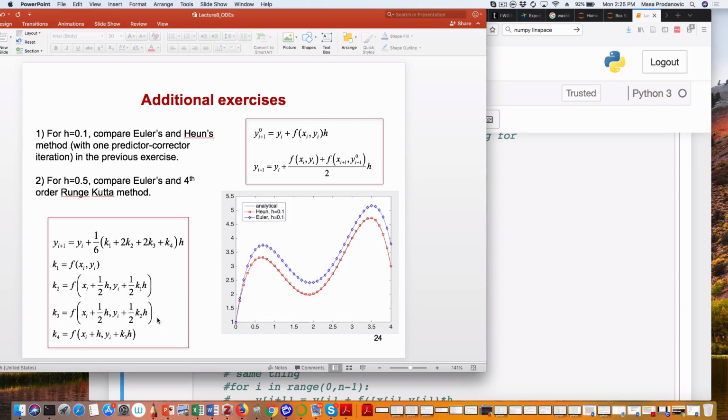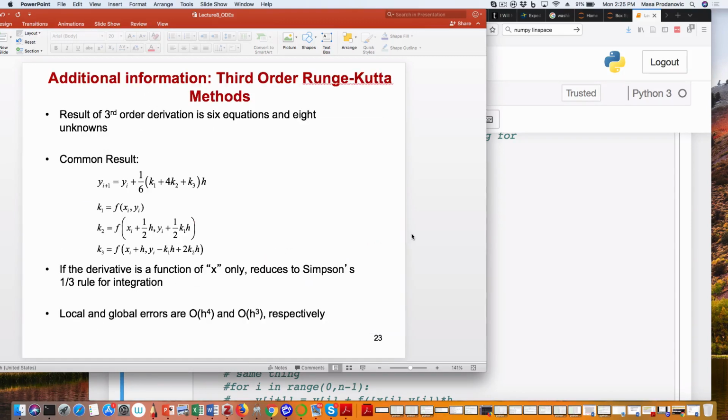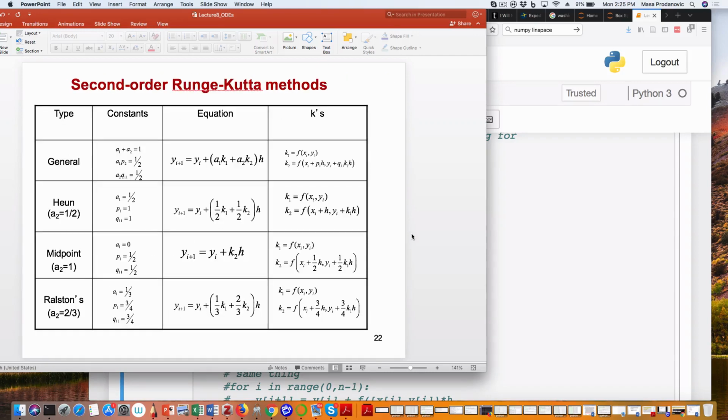So in terms of implementation of these methods, since we're not busy deriving them, for your final, I could and I will give you any of these, okay?